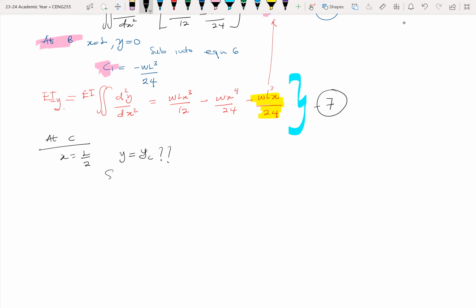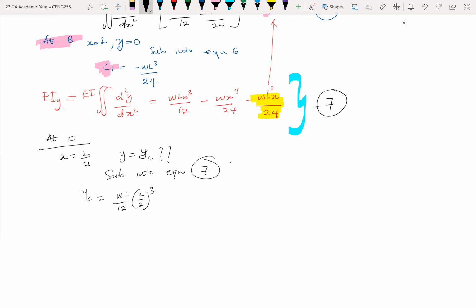So you sub into equation 7. Once you substitute into equation 7, you can find Y, your YC. So here YC will be equal to WL over 12 times L over 2 cubed.